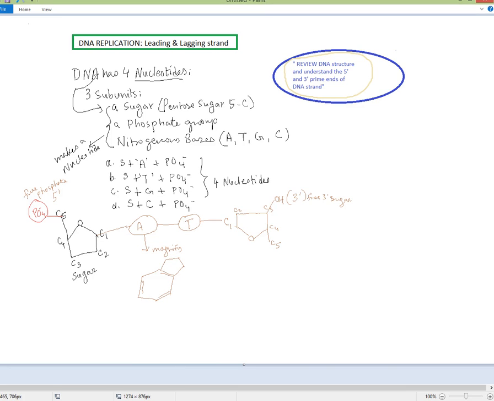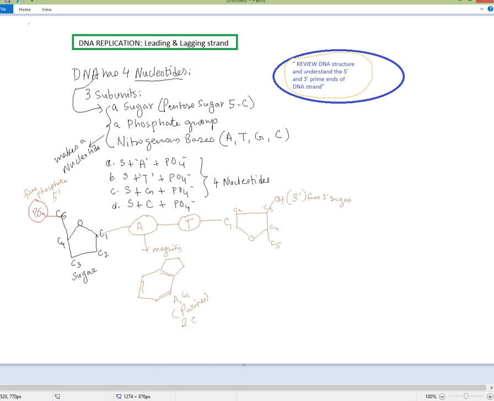So adenine and guanine, A or G, are also called purines, and their structure is 2 cyclic.